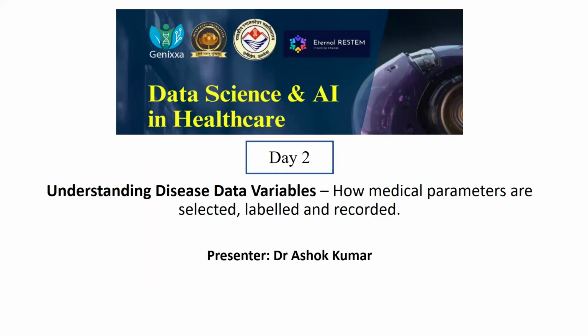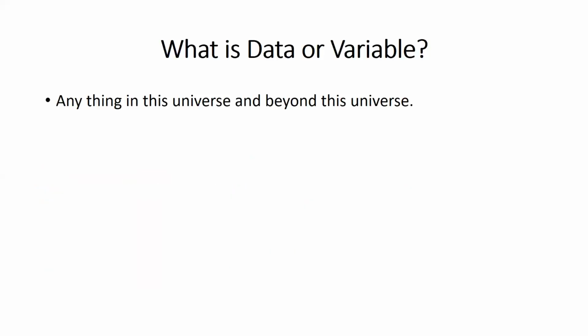I think most of the things have been covered by Dr. Jagriti in a very good manner. Okay, so this is a little bit about what is data or variable. Anything in this universe and beyond this universe is data or a variable.